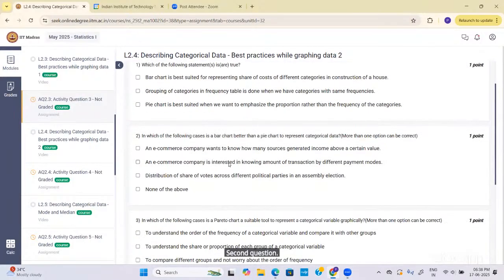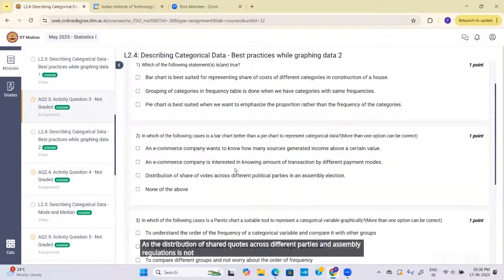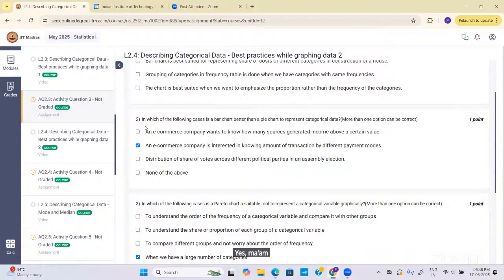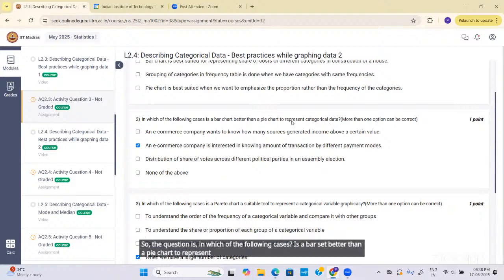How is the distribution of share of votes across different political parties in an assembly election not a pie chart? Yes, in this question: in which of the following cases is a bar chart better than a pie chart to represent categorical data?